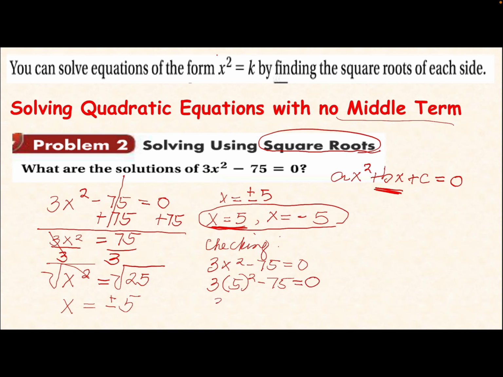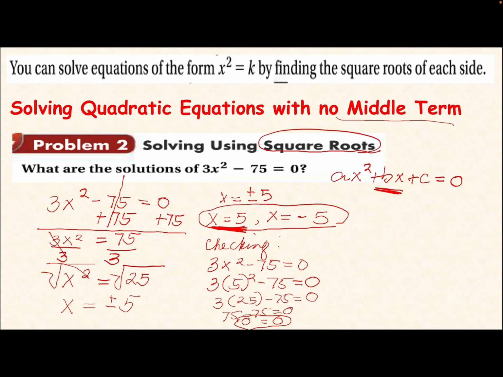So 5 times 5 is 25, and 3 times 25 is 75, minus 75 is equal to 0. 75 minus 75 is 0, equal to 0. This statement is true. Therefore, x is equal to 5.